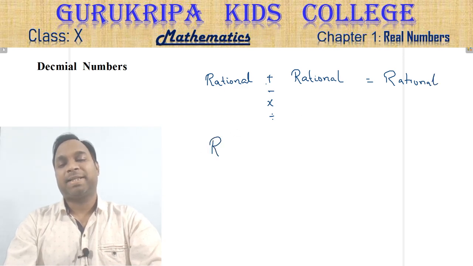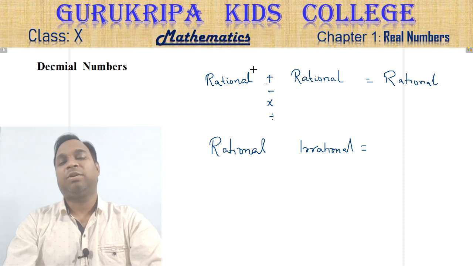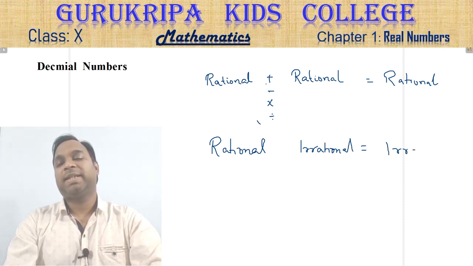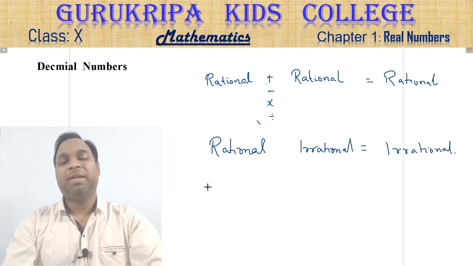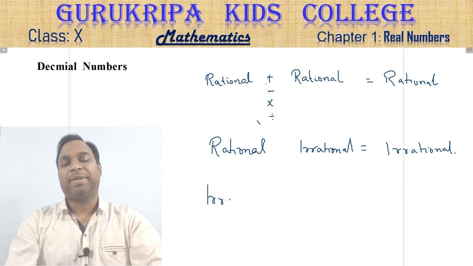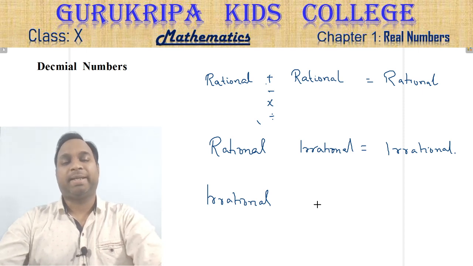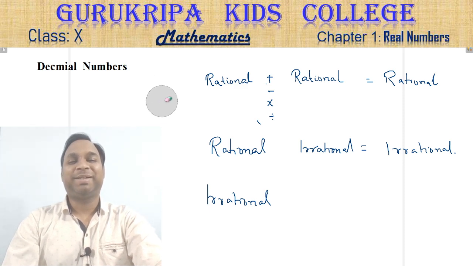When there is one rational and one irrational, after any of these basic operations, the result is always irrational. However, if there are some operations to be done on two irrational numbers, then the answer can be rational or irrational. Any of these. We know all these things. Nothing new about it.